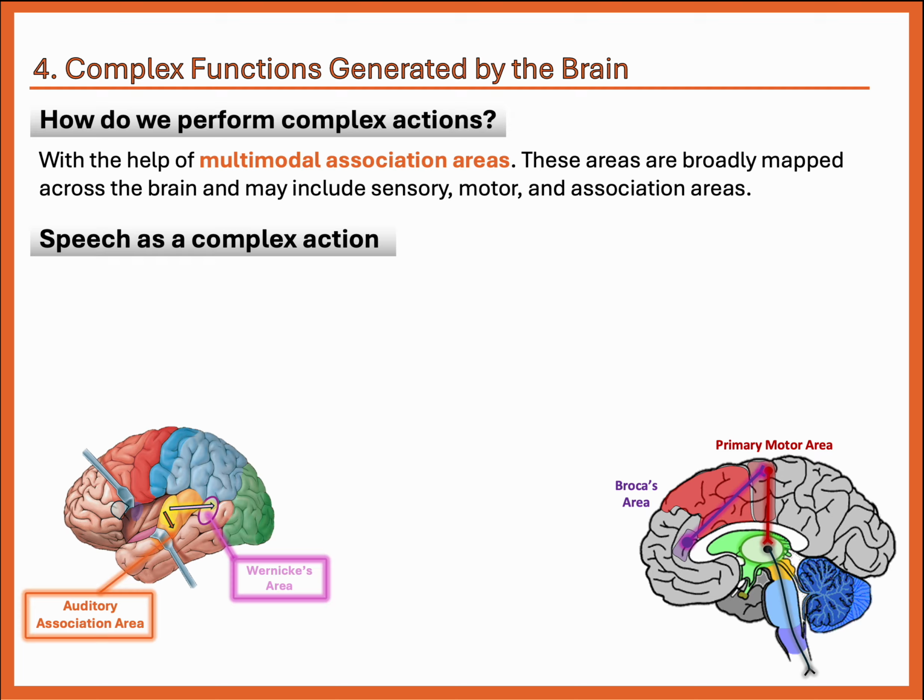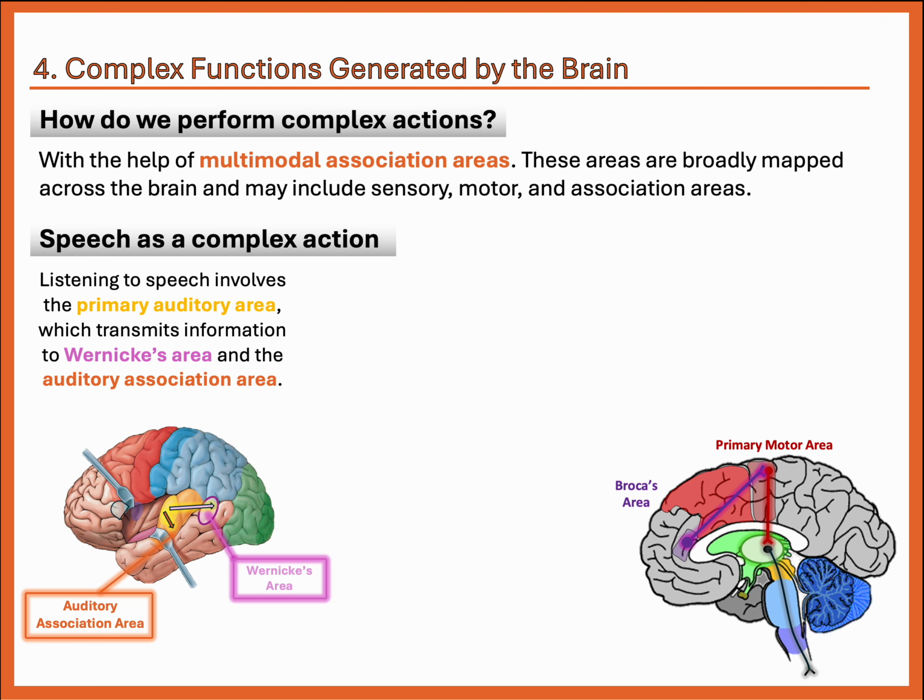I'll give you an example of speech. Speech is a complex action. So listening to speech involves the primary auditory area. And then we transmit that information, remember, to Wernicke's area when it's language, or the auditory association area if it's sounds like woof, bang, pow. That'll go to the sound area, the auditory association.